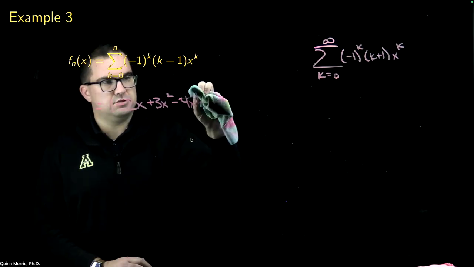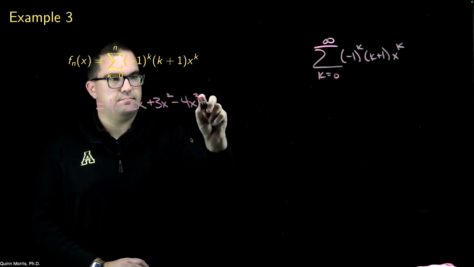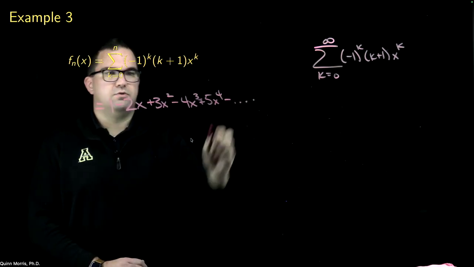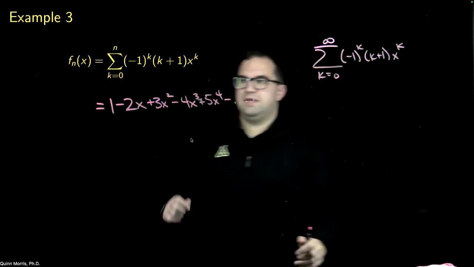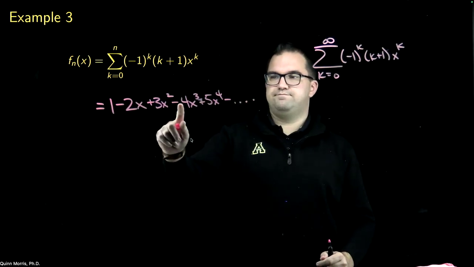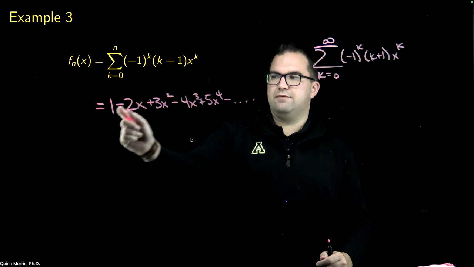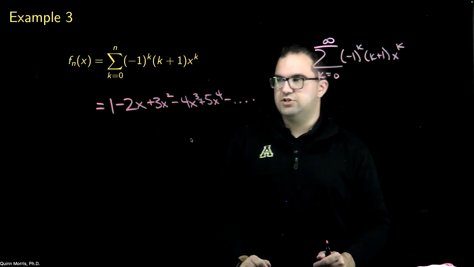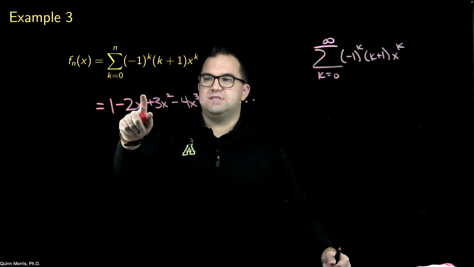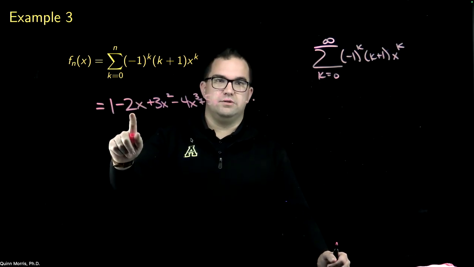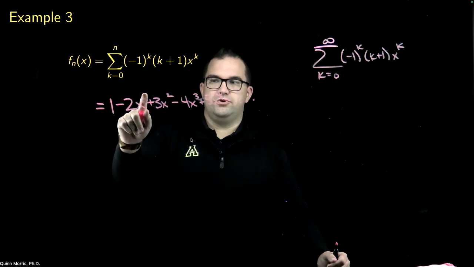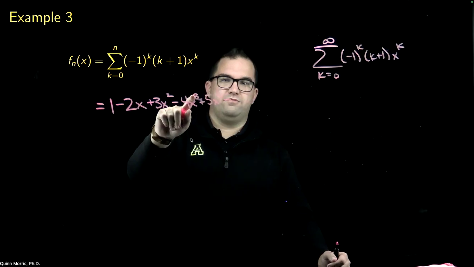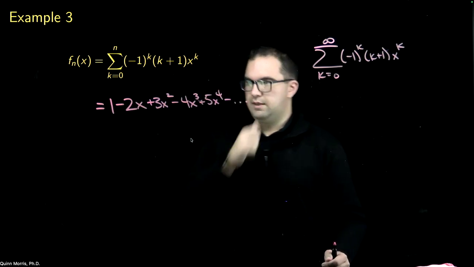Oops, that should be an x cubed, plus 5x to the fourth minus, and so on and so on. So our signs are alternating, positive, negative. The coefficient is otherwise going up by 1 in absolute value each time. And the power on x is always 1 less than the coefficient. So here we have a coefficient of 2, power of 1, coefficient of 3, power of 2, coefficient of 4, power of 3, and so on.